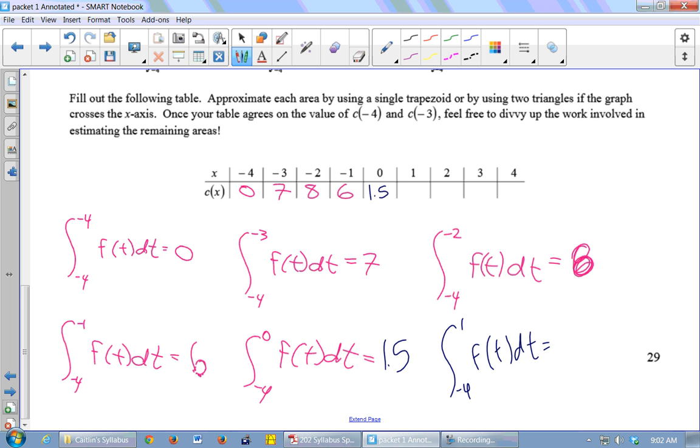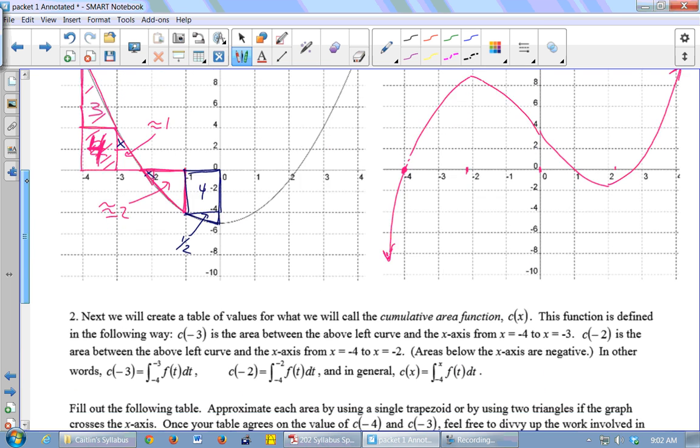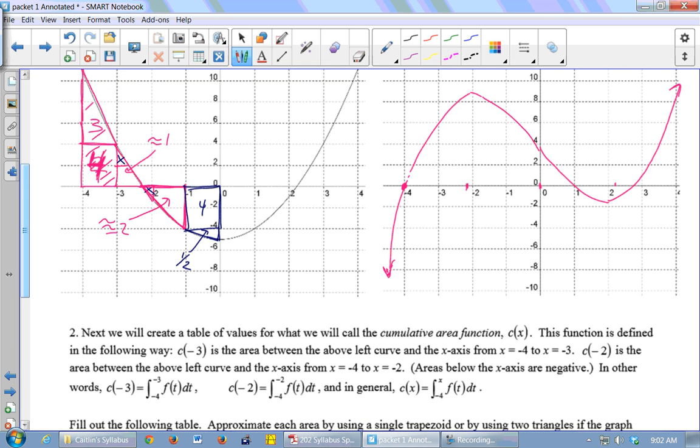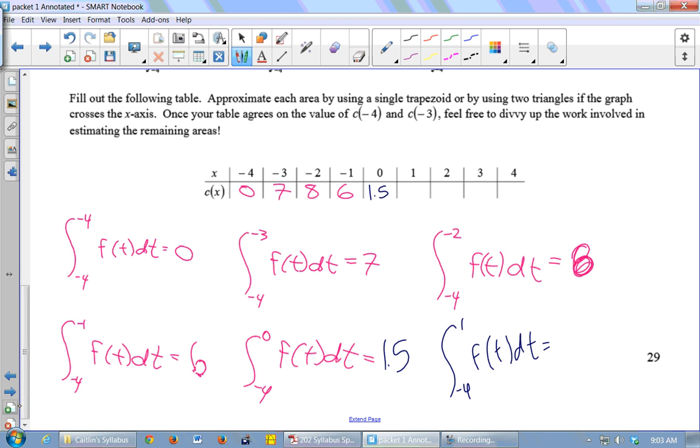Okay, so then 0 to 1. That's also going to be 4.5 because it's symmetric. So I'm going to take 4.5 away again. 1.5 minus 4.5 is -3.